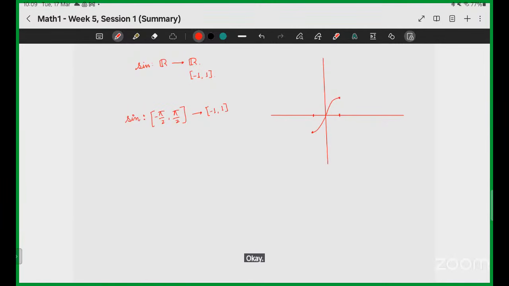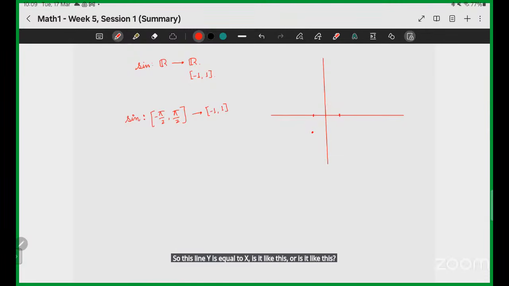Okay, now how does the line y is equal to x behave? Does it go above or below? Do you know? Is it like this or is it like this?